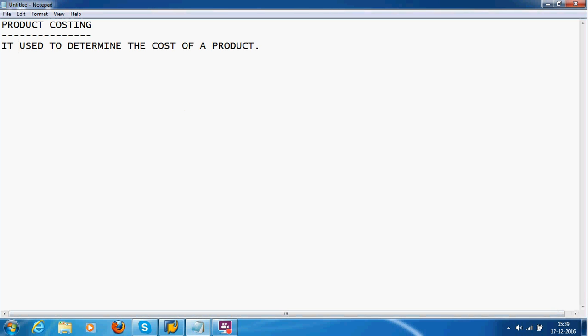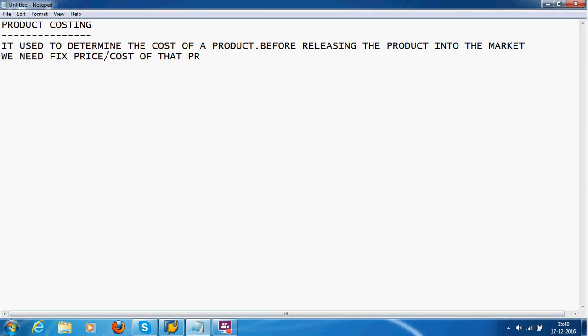If you are manufacturing any product, before releasing the product into the market, we need to fix the price or cost of that product. How can it be done? This can be done through the product costing concept.